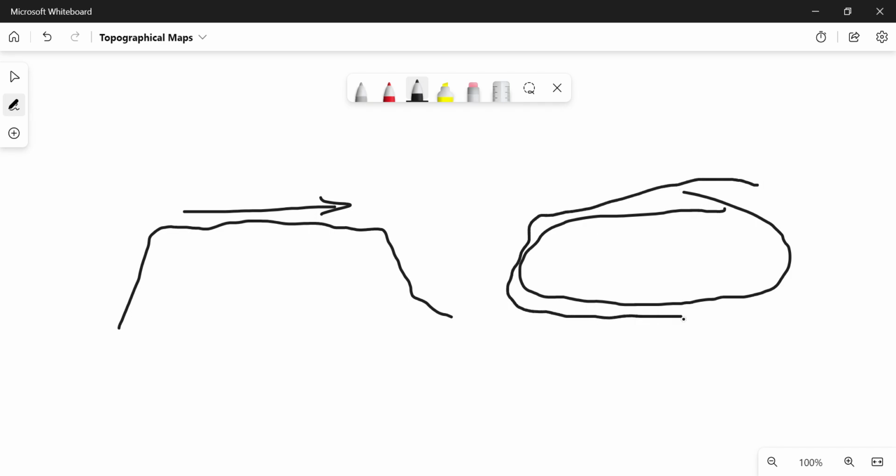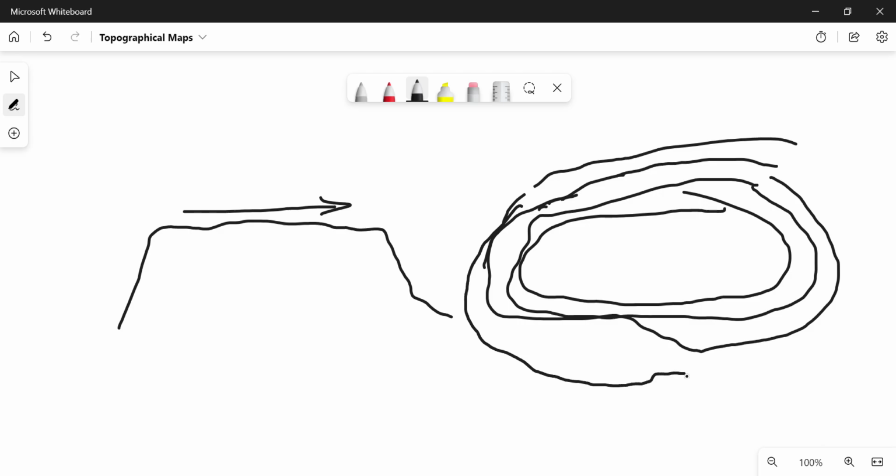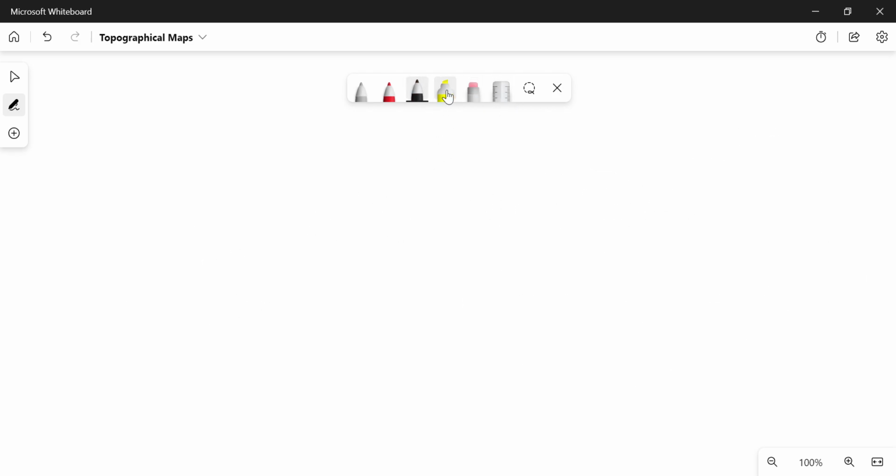Then this is okay size, so we are making this not too big, nor too small. Same with this, not too big, not too small. And the last one goes a little bit gentle, like this. So this is how to draw a plateau in topographical maps.